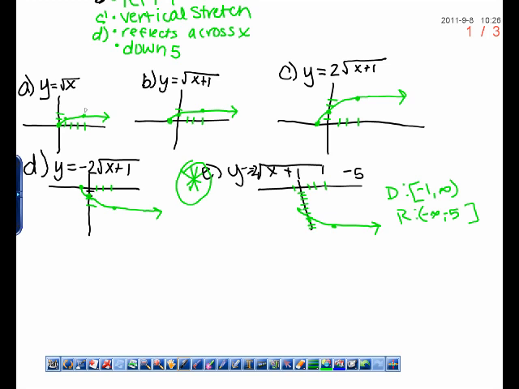So we took each of those points and moved them to the left one. And we just kept manipulating those 3 points the whole time. And on C, you multiply all the y values by 2. A vertical stretch multiplies your y values by 2. Okay? Let's keep going.